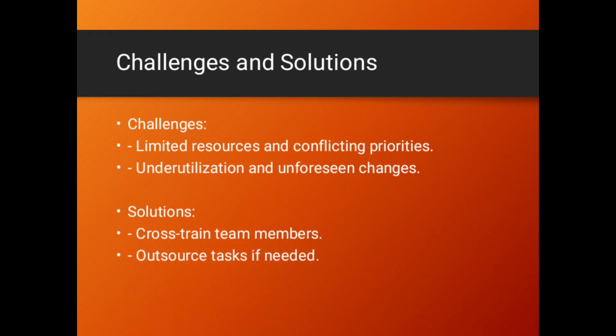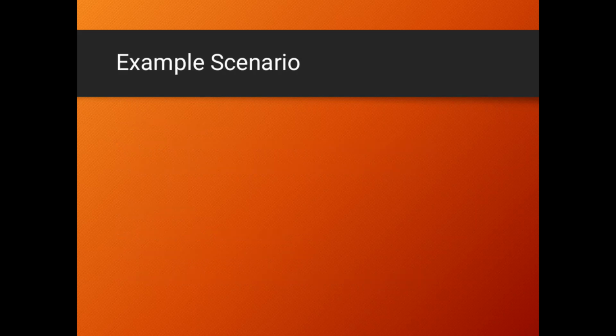From there, you need to outsource tasks if needed. Let's say there's some task which your team members can't do; you need to find someone for it somewhere else. Another one is to use real-time tracking tools for adaptability. On that one, you need to use those particular tracking tools.